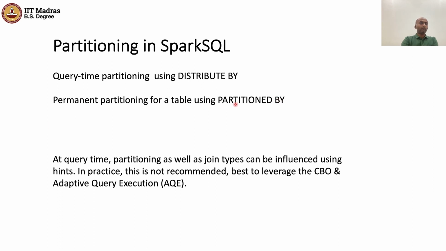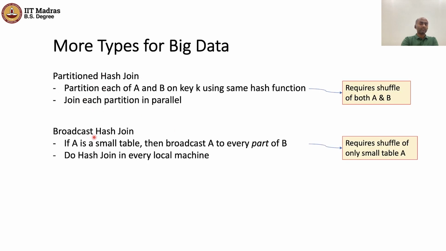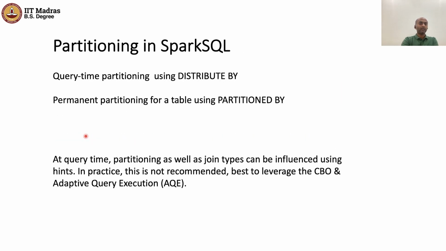So these partitioning concepts can be specified at the point of querying, like I mentioned. You could also ask the optimizer, especially in SparkSQL, to use one of these join types. Like you could say, use broadcast hash join, or use nested loops, and so on.